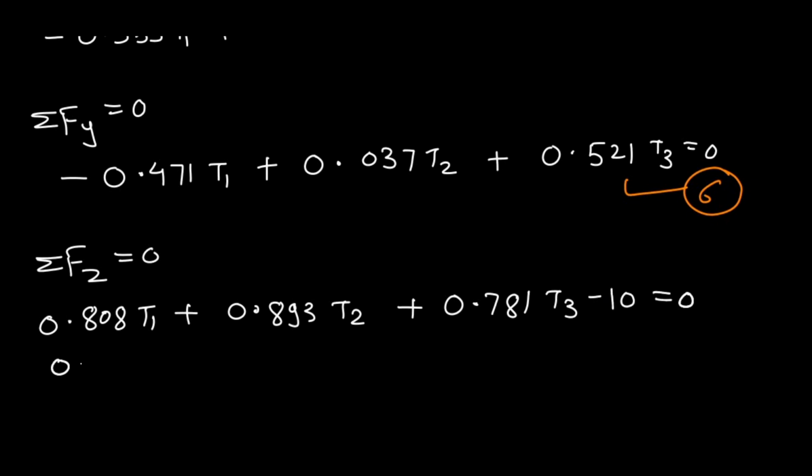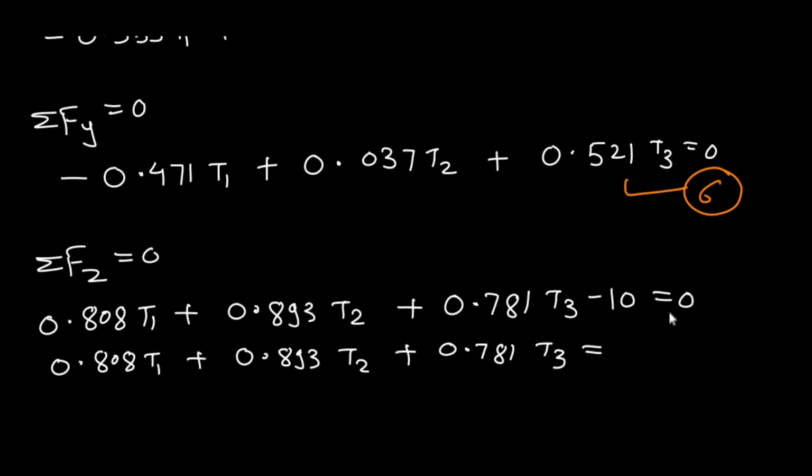I will rewrite this as 0.808 T1 plus 0.893 T2 plus 0.781 T3. Now I will take the minus 10 to the right hand side, so it becomes plus 10, and this is our equation number 7.